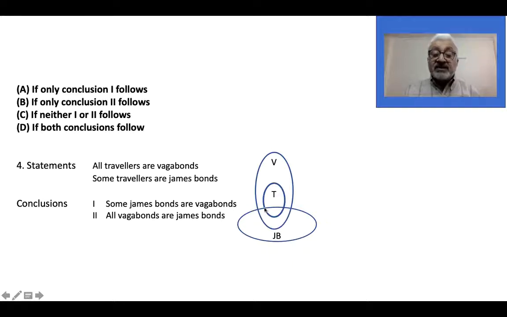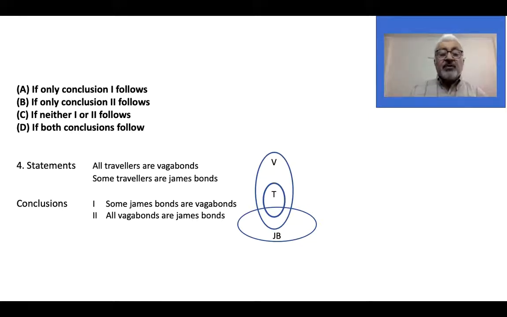All right. But is that part not also a part of vagabonds? Answer is yes. Therefore, is it confirming that some James Bonds are vagabonds? This part is actually a representation of travelers, James Bonds, and also vagabonds. This is the common area. Therefore, this should be correct that some James Bonds are vagabonds.